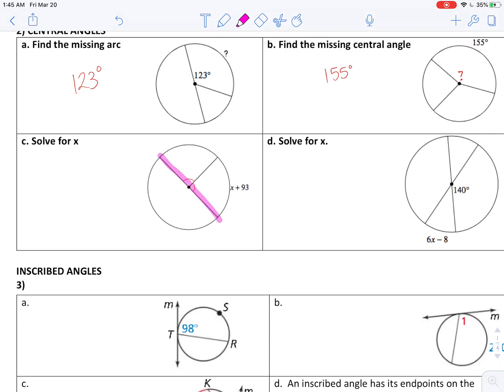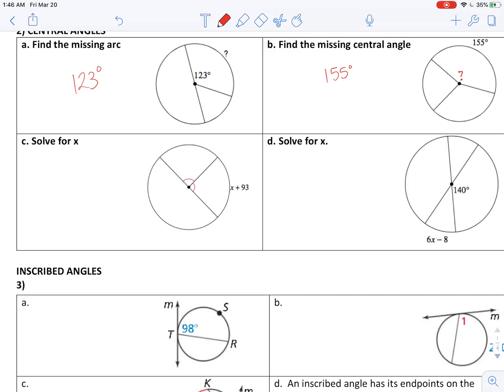Now look at C. I want you to think about, what do you see here? What do you notice about that segment? And then what other things do we know for sure about the angles here? What do you notice about these angles? Well, I've got this diameter like we saw just a second ago. It's a chord, goes through the middle. So if that's a diameter, then what is this whole arc measure here?